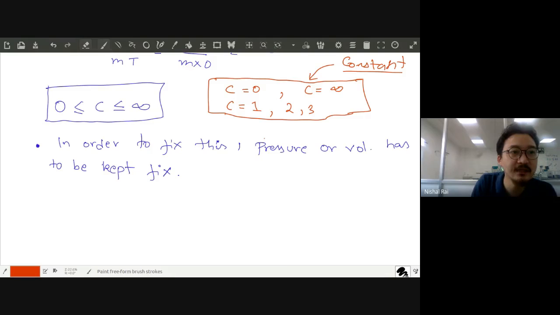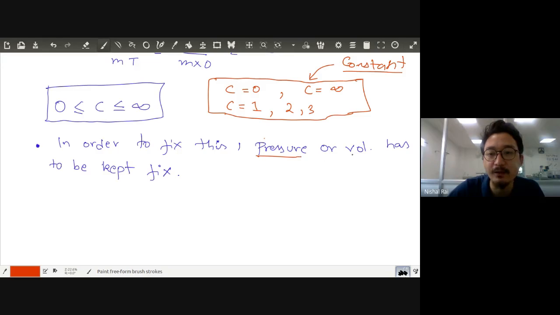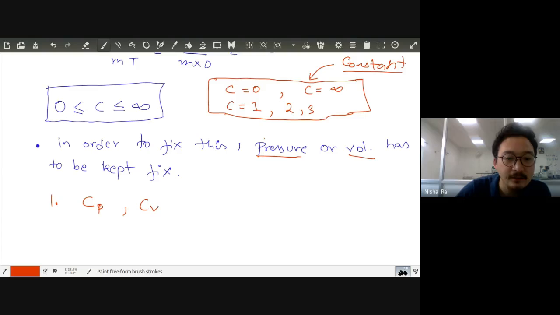So that's why we will be fixing this by keeping the pressure and volume fixed. Clear? So depending on this, they are called CP and CV.